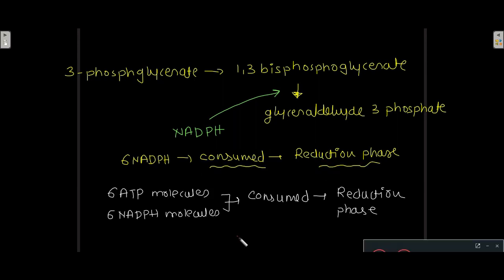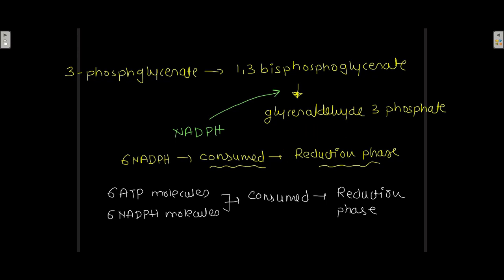So we can say that 6 ATP molecules and 6 NADPH molecules are consumed during the reduction phase. While converting 6 molecules of 3-phosphoglycerate to 1,3-bisphosphoglycerate, 6 ATP molecules are utilized, and while converting 1,3-bisphosphoglycerate to glyceraldehyde 3-phosphate, 6 NADPH molecules are consumed.